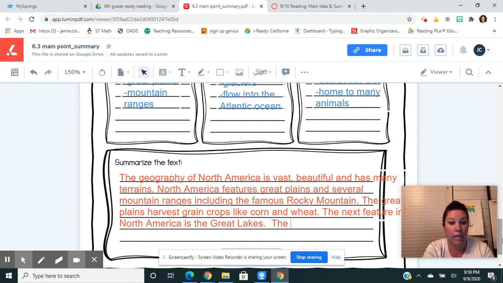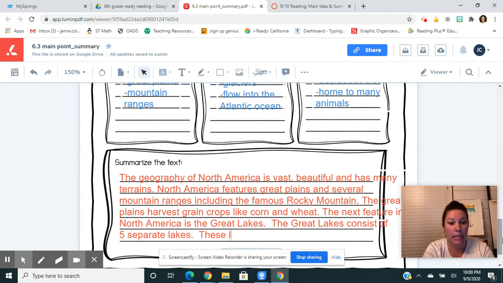A Great Lake consists of 5 separate lakes.